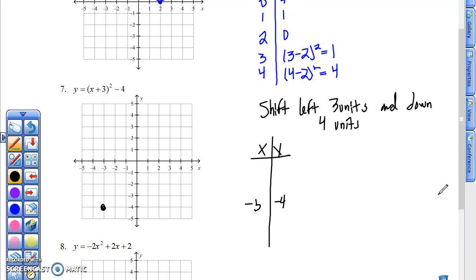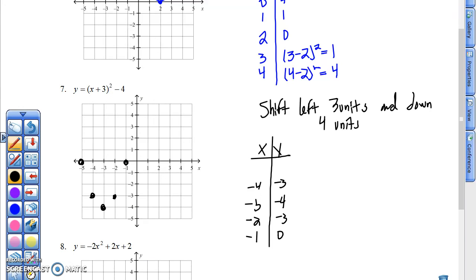Finding points around here, again, I could plug in table values and get it like that. This time, again, no leading coefficient here, so I'm going to follow the quadratic pattern. 1 squared is 1, so from my vertex, up 1 over 1 in both directions would give me points at negative 2, negative 3, and negative 4, negative 3. 2 squared is 4, so up 4 over 2.